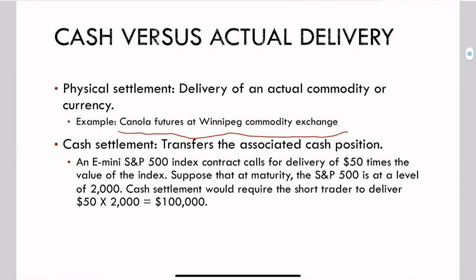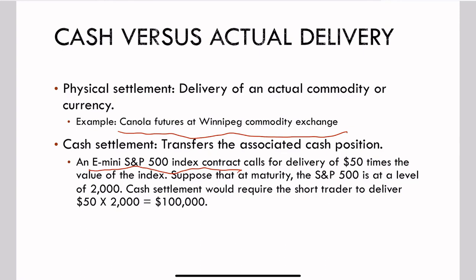And then the second case, which is more common these days, is cash settlement. So the investor, the person, the firm in the short position will basically transfer the associated cash position to you. For example, the E-mini SP500 index contract, that is the futures contract on the SP500 index, calls for the delivery of 50 times the value of the index.